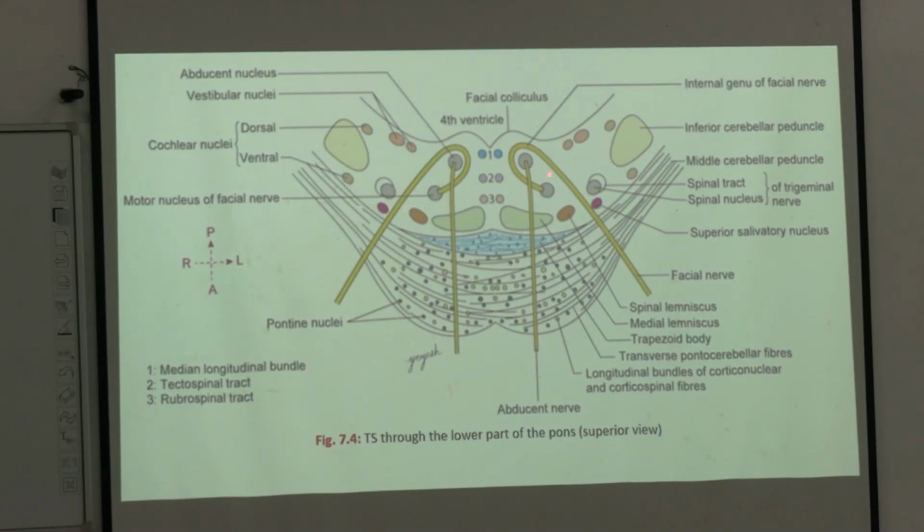This hooking is because of neuronal motor migration. We call it neurobiotaxis. Initially, this nucleus was here. It moved to come close to another nucleus, the trigeminal nerve nucleus. Where is the trigeminal nerve nucleus? This is where it is lying. This is the sensory part of the trigeminal nucleus.